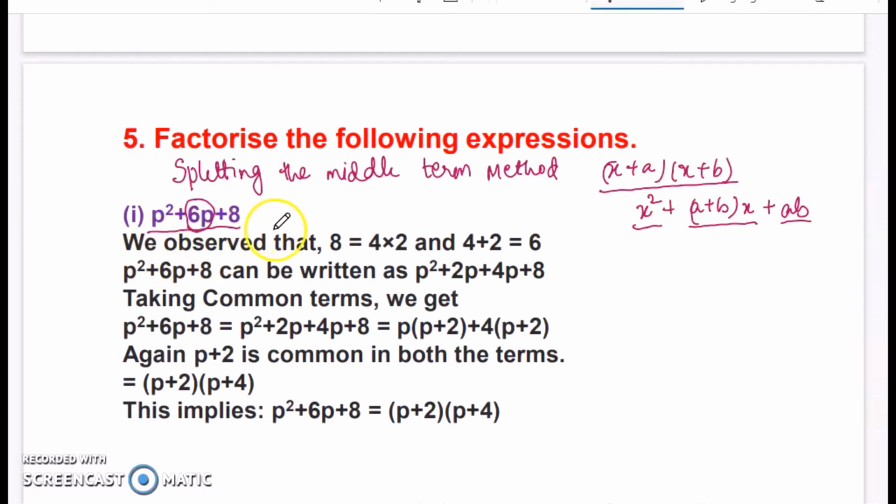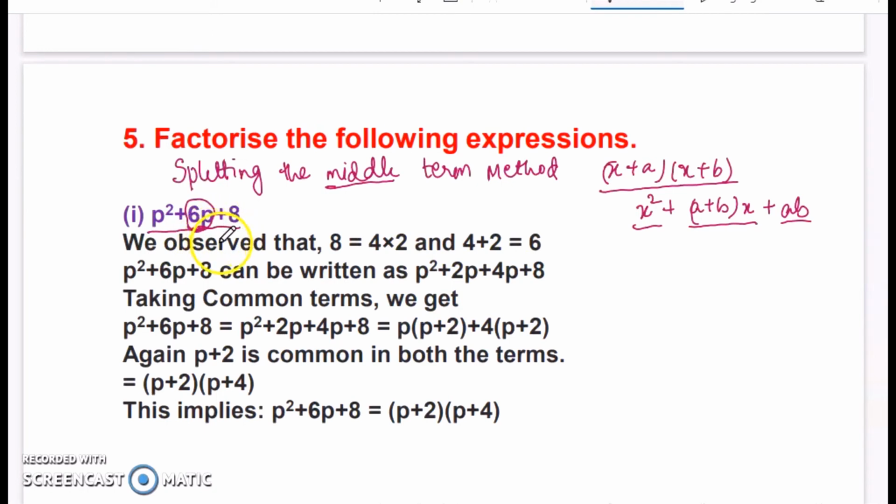So this is the general way of writing this expression. In that, the middle term will be the linear term, and this term you will split. Now how will you split it? You will split it in such a way that the product of the coefficients will give you the product of the first and the last term, that is 8, and the sum of these should give you the middle term.